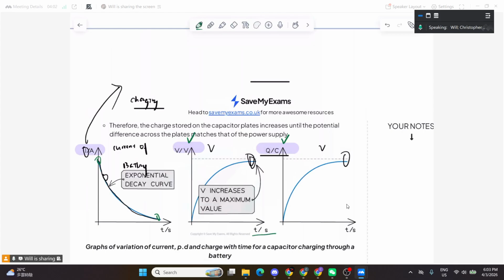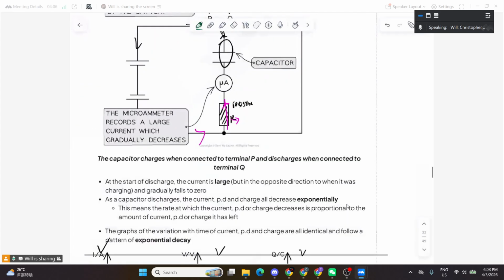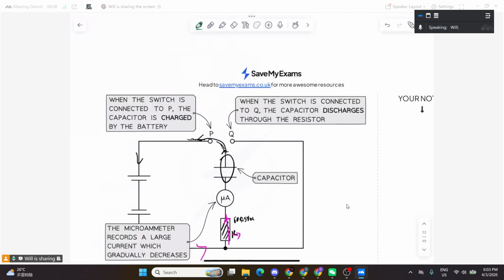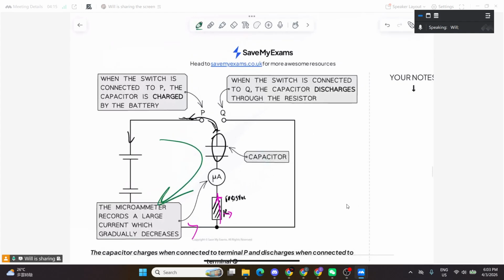Now we go to discharging the energy, in a closed circuit, and here is the battery.